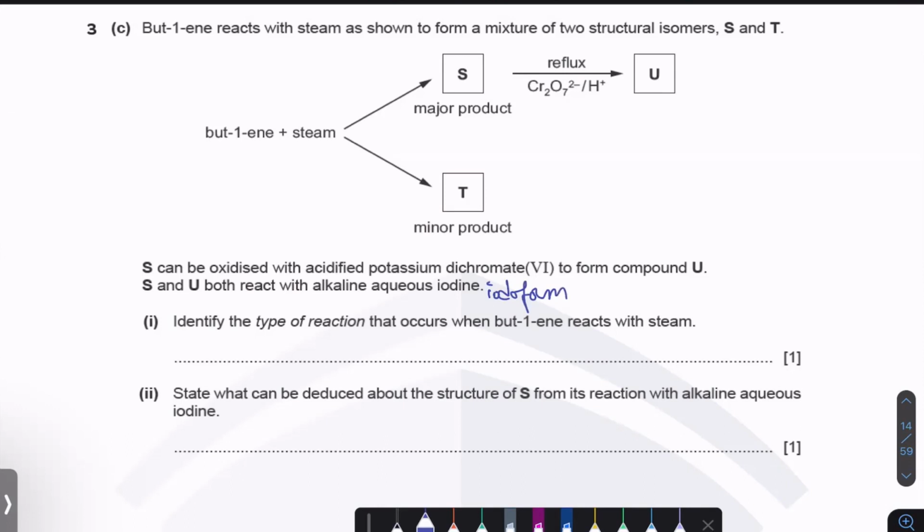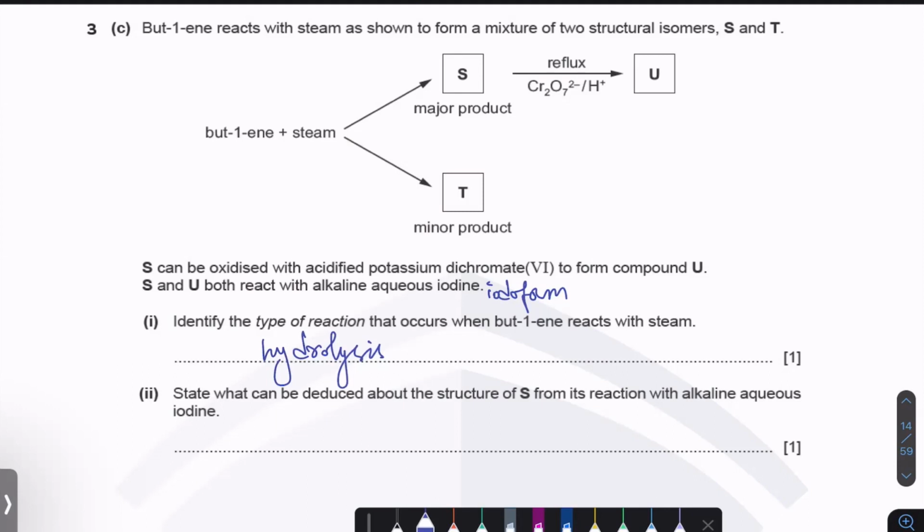Now let's look at the other one. What's happening here? We are adding steam to it. This reaction is called hydrolysis or hydration, and this is what the question asks, so you can say hydrolysis or hydration. State what can be deduced about the structure of S from its reaction.